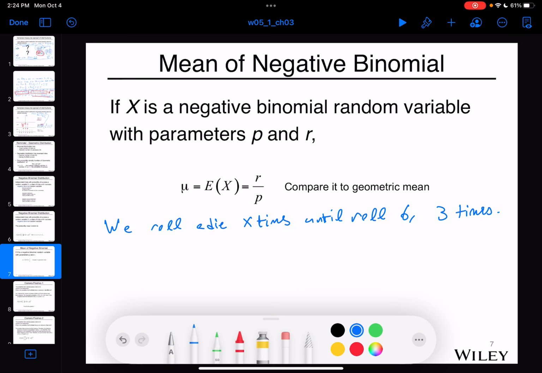So we know that the probability of success in this experiment is 1 divided by 6, right? So the expected value of x, how many times we have to roll according to the equation, is 3 times 1 divided by 1 divided by 6, and that's 18.